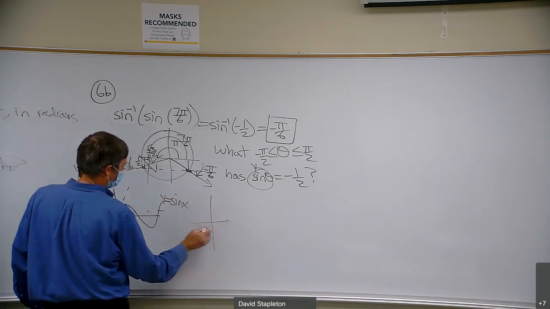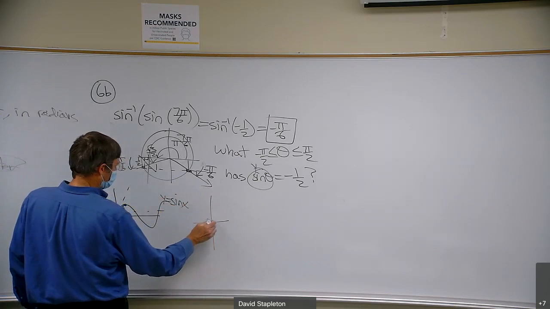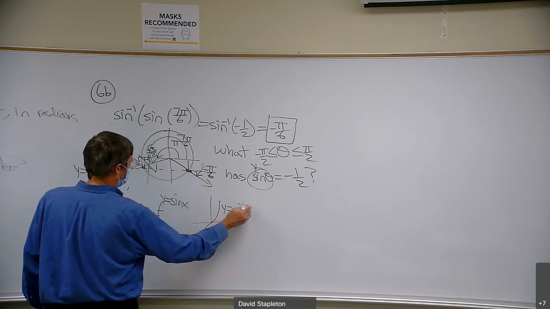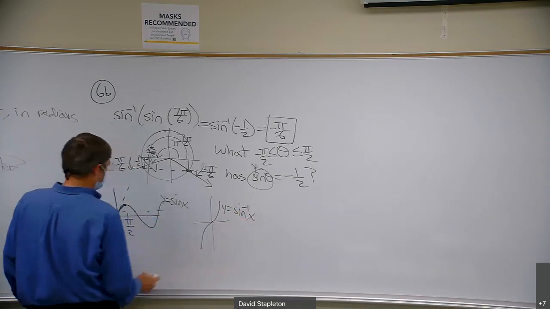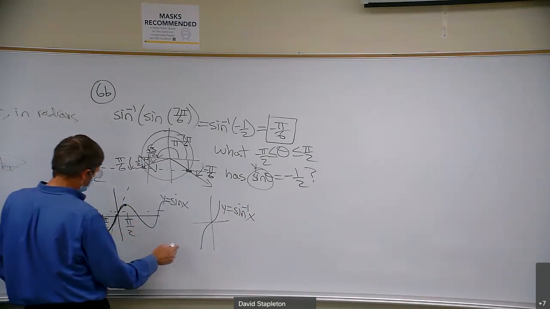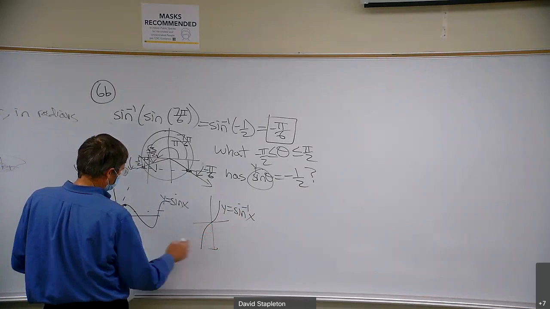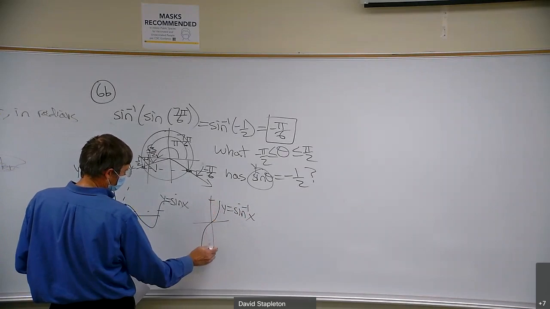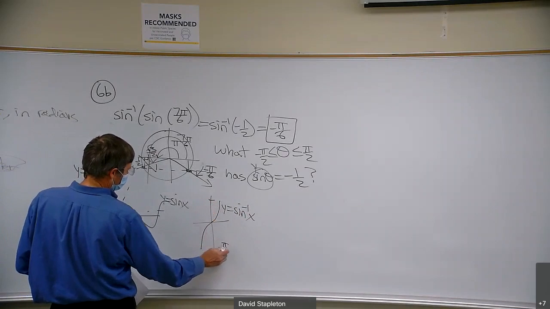When we do, it looks like this. And this one went from x equals minus pi over 2 to x equals plus pi over 2. So this one, when we flip it, interchanging the axes, y goes between plus and minus pi over 2.